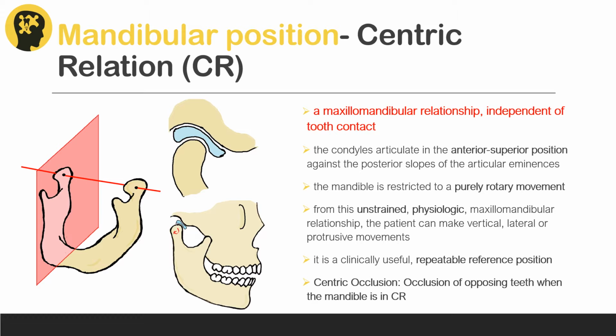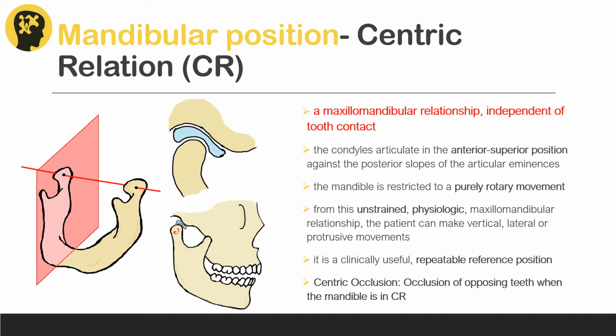All right. Now, imagine that you're making a set of complete dentures for a patient or extensively restoring the dentition with a lot of crowns and bridges in a situation where the patient does not have a lot of teeth to begin with. So you can't just restore the dentition at any random position, right? Because that would be traumatic to the masticatory system. You would need some kind of a starting reference position from where you would start your treatment planning and optimally restore the dentition, right?